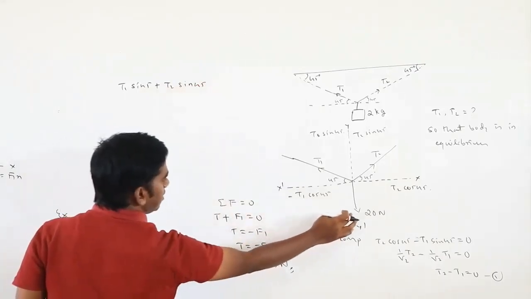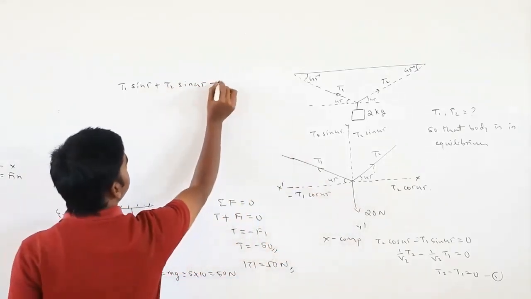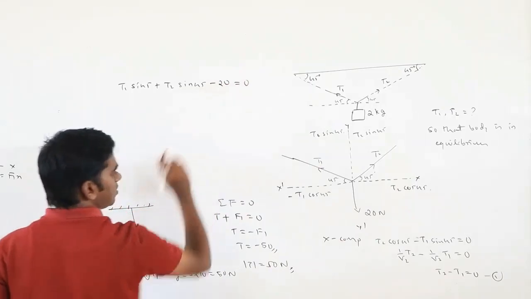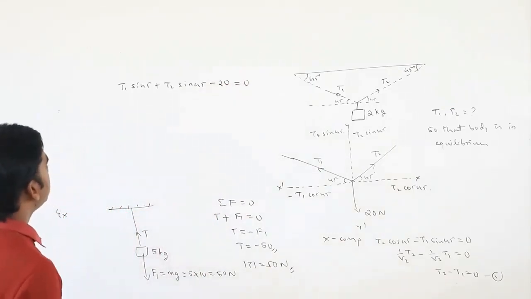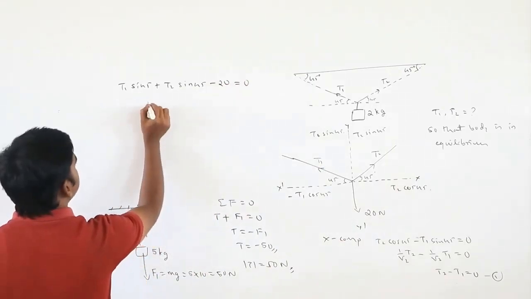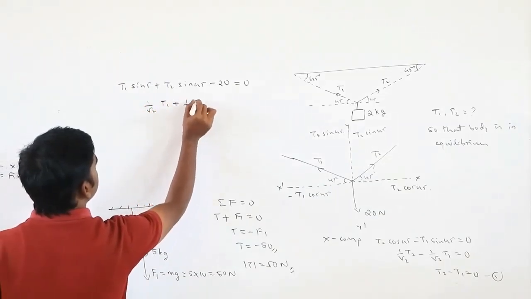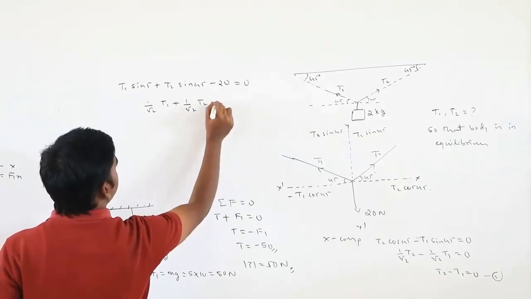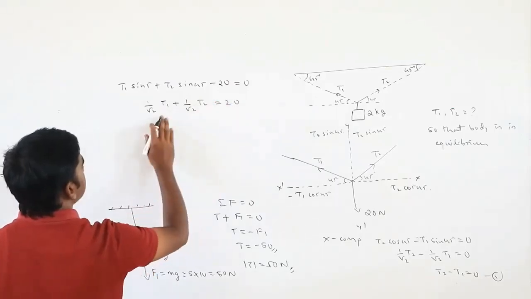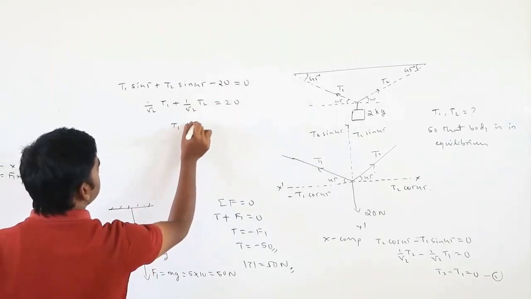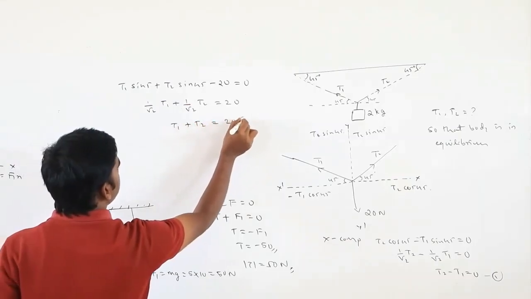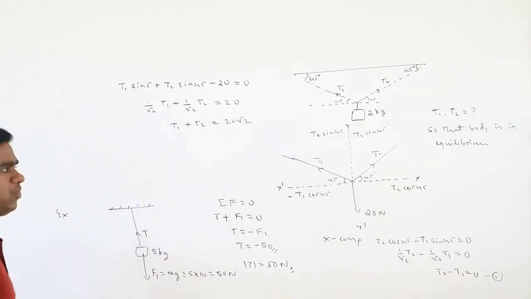One more force is there, that is downward, minus 20. Minus 20 equals 0. So sin 45 means 1 by root 2 t1 plus 1 by root 2 t2. This becomes 20, so t1 plus t2 equals 20 root 2.